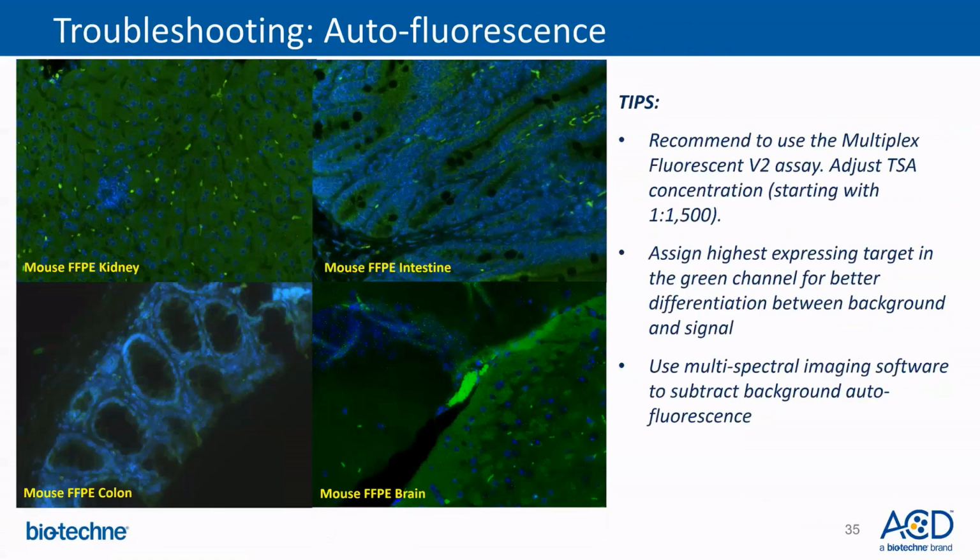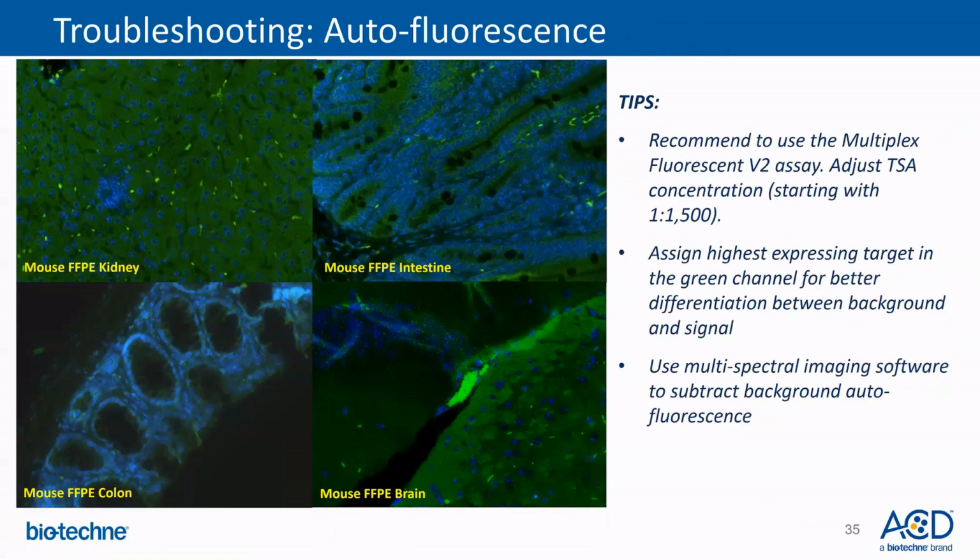One of the common troubleshooting parameters with the fluorescent assays is the issue of autofluorescence. Several tissues tend to have inherent autofluorescence, shown on the left here, such as mouse kidney, intestine, colon, and brain.